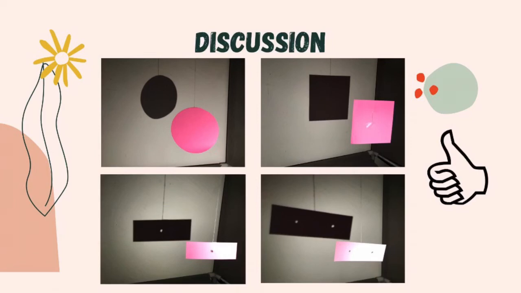The shadow form always depends on the obstacle we use as the variable. So, no matter what, light always performs its journey in one direction as long as there is no object or obstacle disturbing the path of the light. If there is any object blocking the pathway of the light.